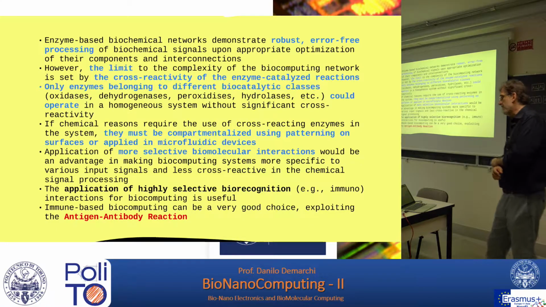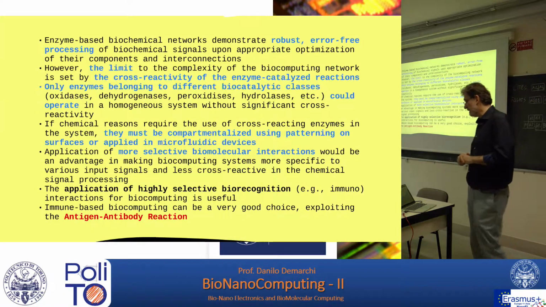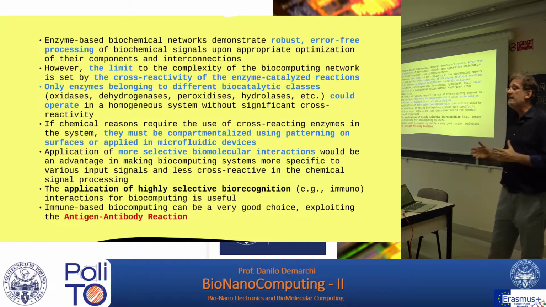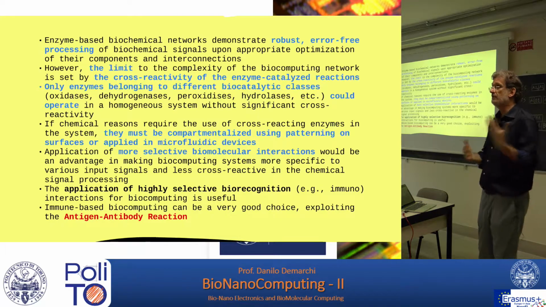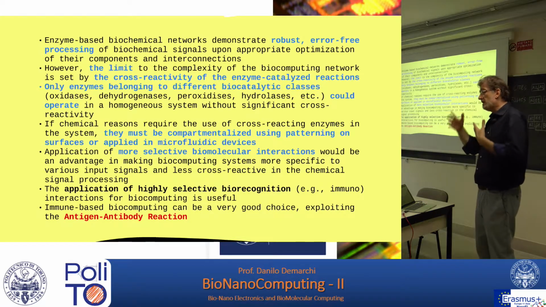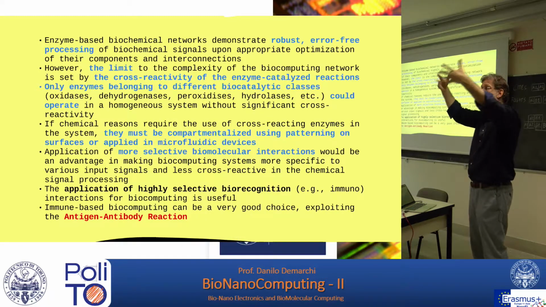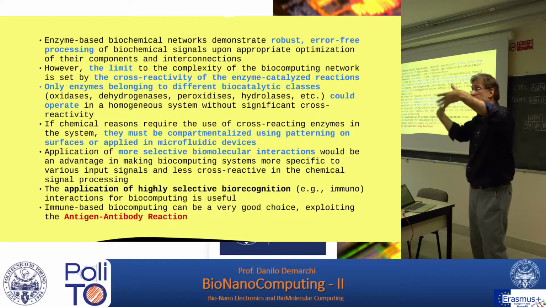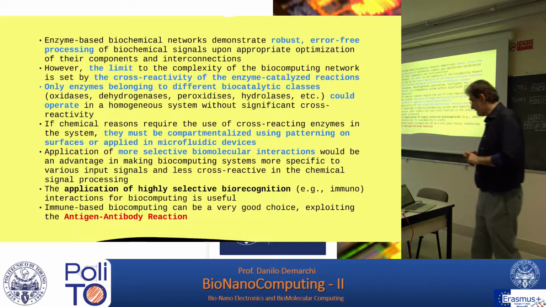The enzyme-based systems are robust and error-free because the enzymes are really, really reliable. The limit is that there are cross-reactions among different enzymes, and so the problem is to design a system in which the enzymes do not react with each other. Otherwise I lose the reliability of my system.